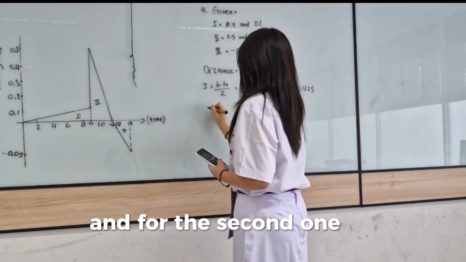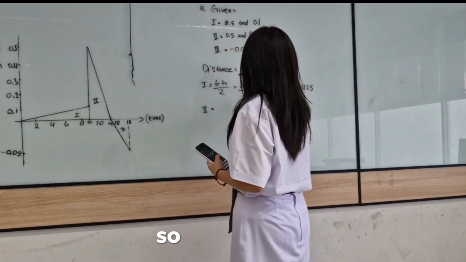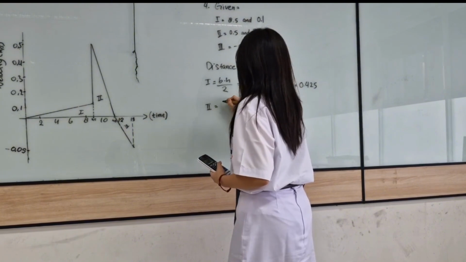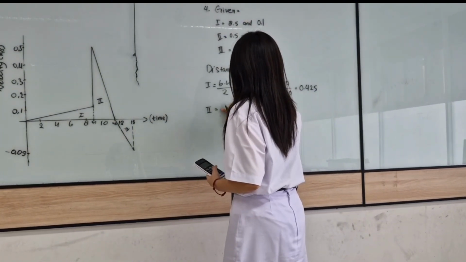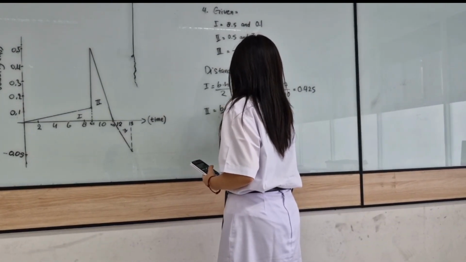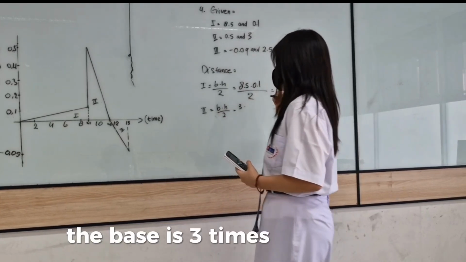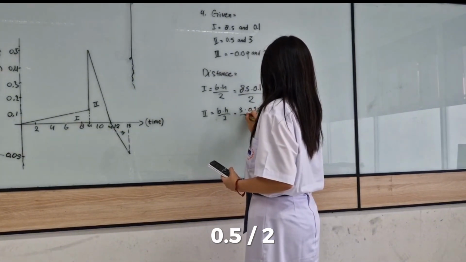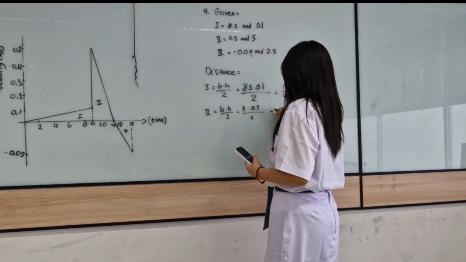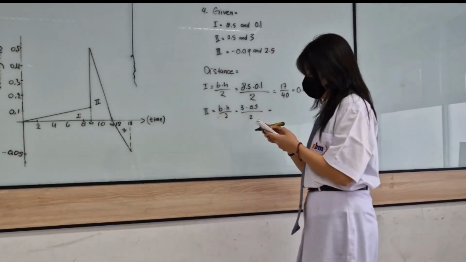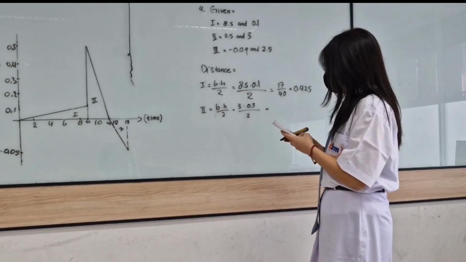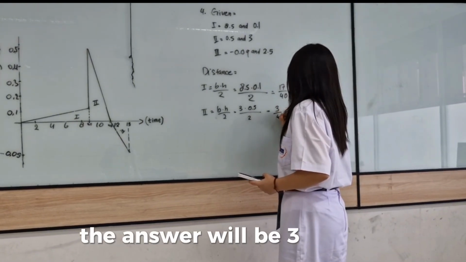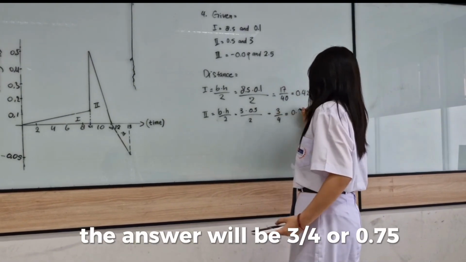And for the second one, it is a triangle too. So the base is 3 times the height 0.5 per 2. So the answer will be 3 per 4 or 0.75.